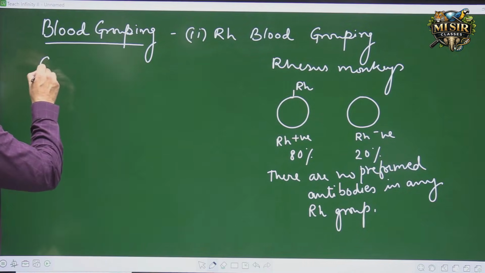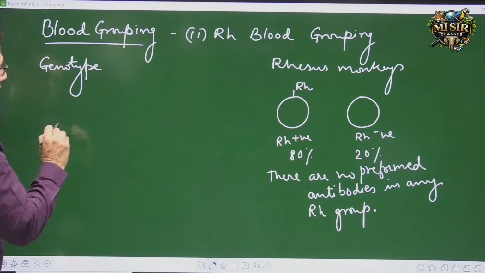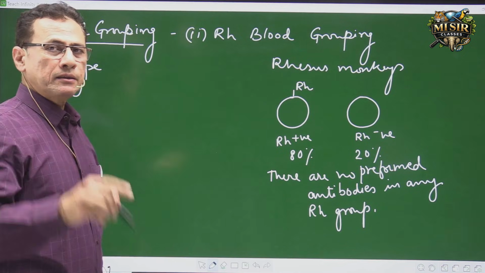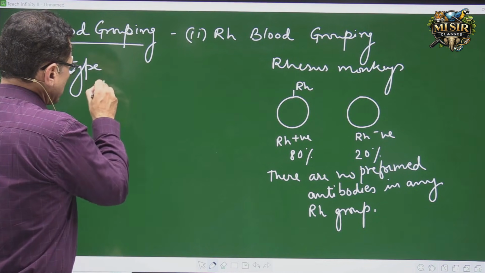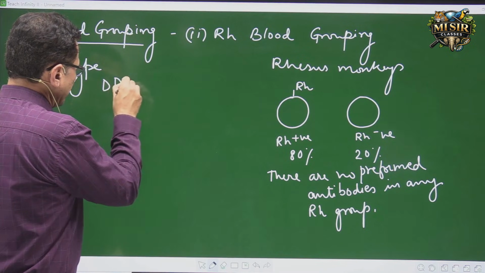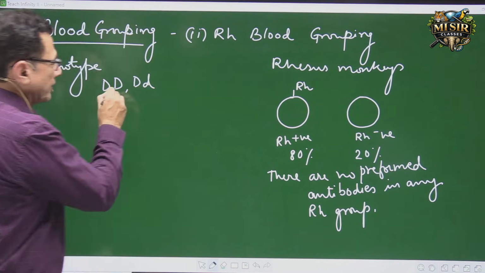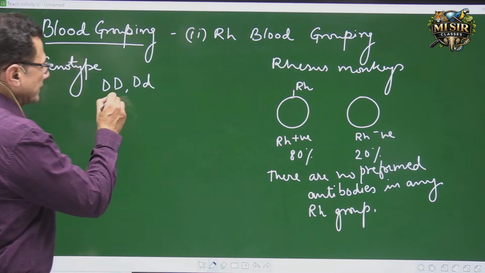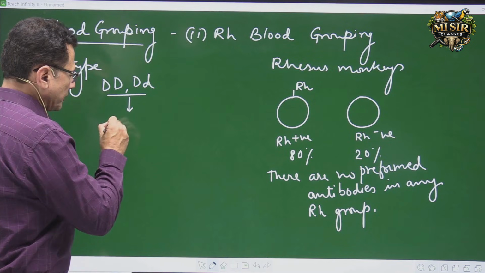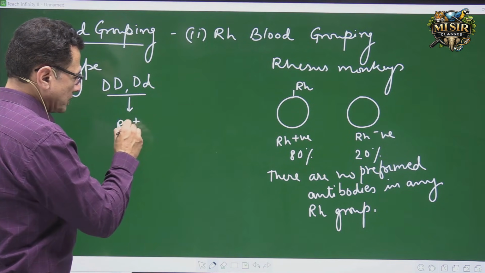The genotype for having RH antigen on the RBC surface is capital D capital D or capital D small d, means homozygous dominant or heterozygous condition. In these conditions, the blood group will always be RH positive.